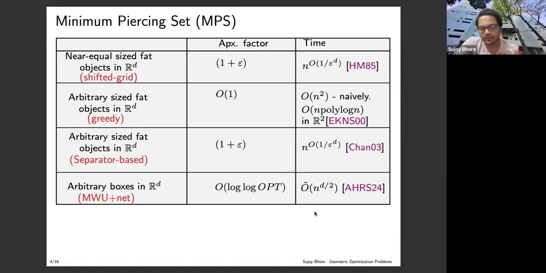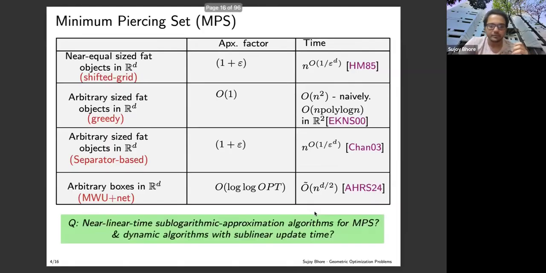And recently, last year in SODA 24, Agarwal, Har-Peled, Raychaudhuri, and Sintos showed that there is a log log opt approximation for arbitrary boxes in d dimensions, which runs roughly in n to the d/2. Their technique primarily uses the multiplicative weight update along with the net mechanism, etc.